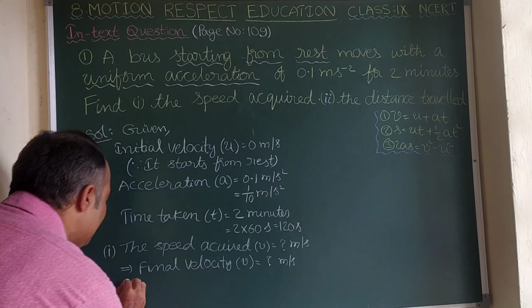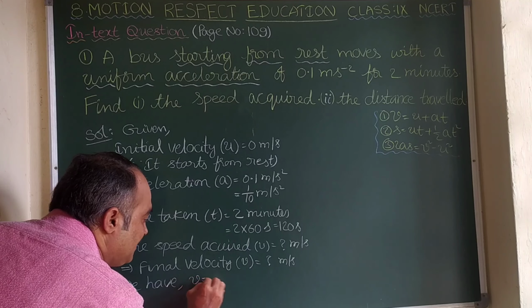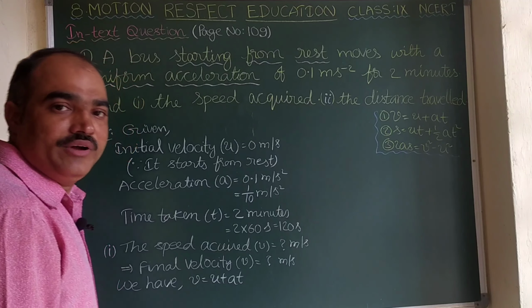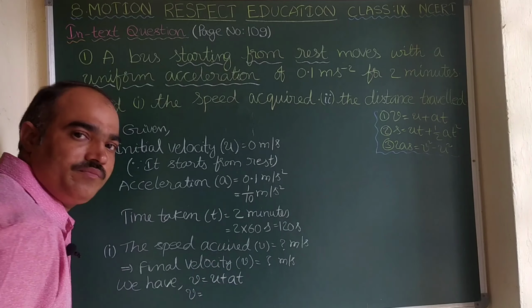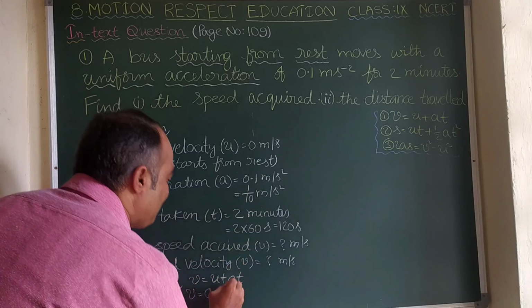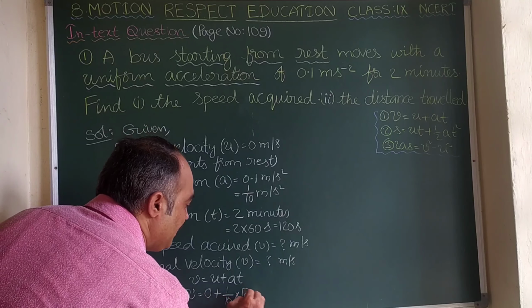So let us write, we know that v is equal to u plus at. Substitute all the known values. V is not known. Let us write v as it is. U is 0 plus a is here 1 by 10 into t is here 120 seconds.